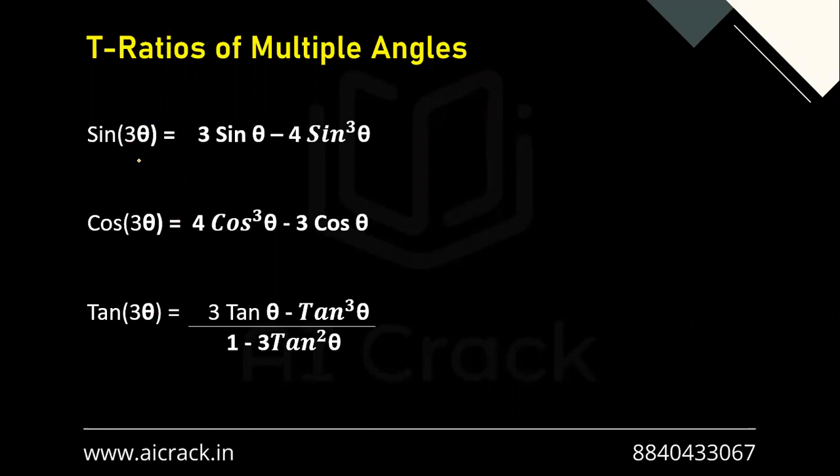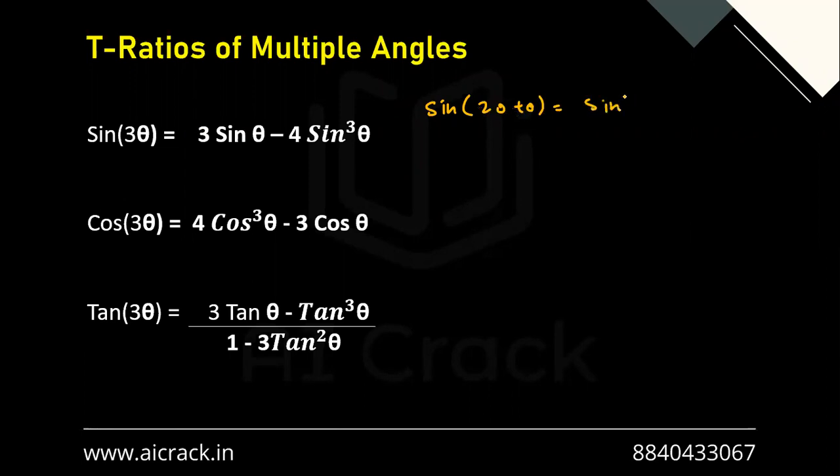Now let's look at triple angles: sin 3 theta, cos 3 theta, tan 3 theta. So let's look at the derivation of sin 3 theta. Both of them are similar, right? So I'll write 3 theta as 2 theta plus theta. That is, we can apply sine of a plus b over here.